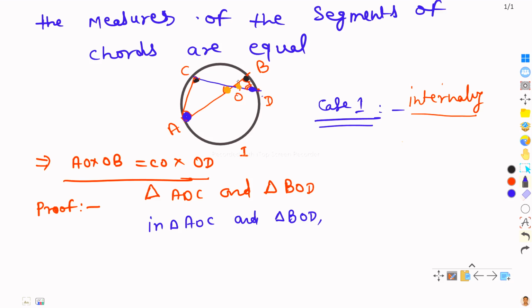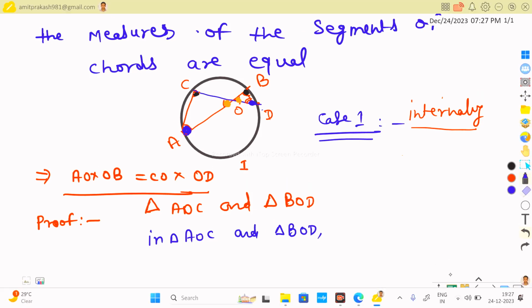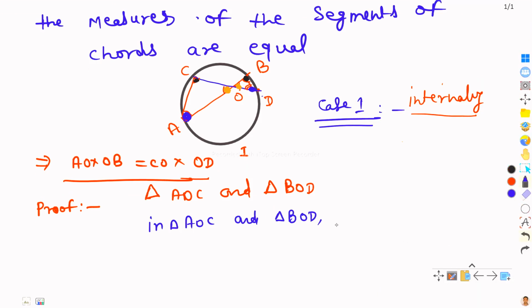Because angle C and B, and angle A and D, are angles in the same segments of a circle, and angle AOC and angle DOB are a pair of vertically opposite angles. So we apply these conditions to show that these triangles are similar, and we apply the property of similarity.